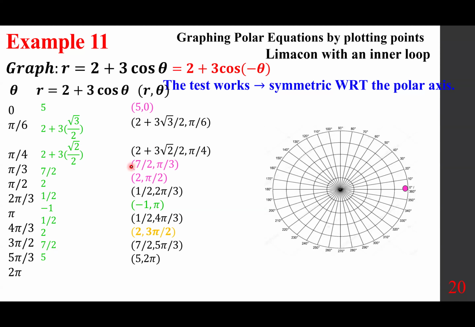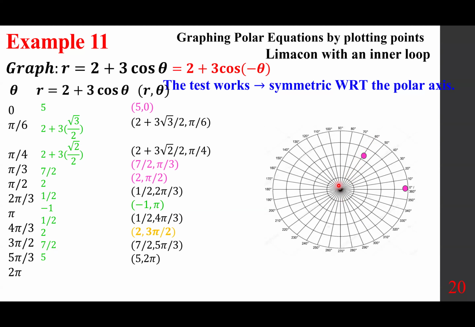Pi over 3, 60 degrees. 7/2, 3.5, so 60 degrees. 1, 2, 7/2, 3.5, so it's here.